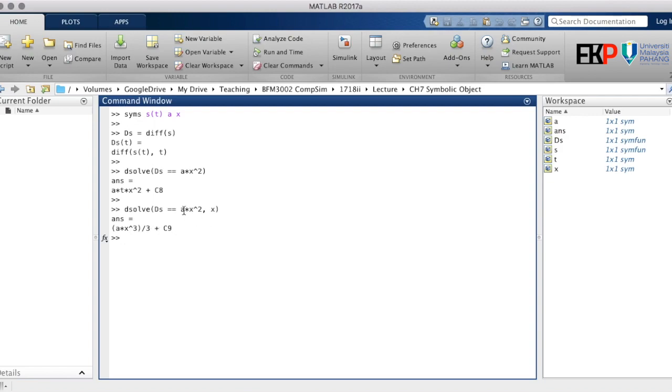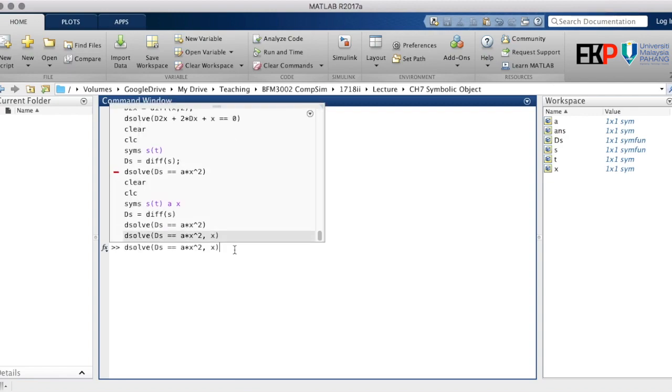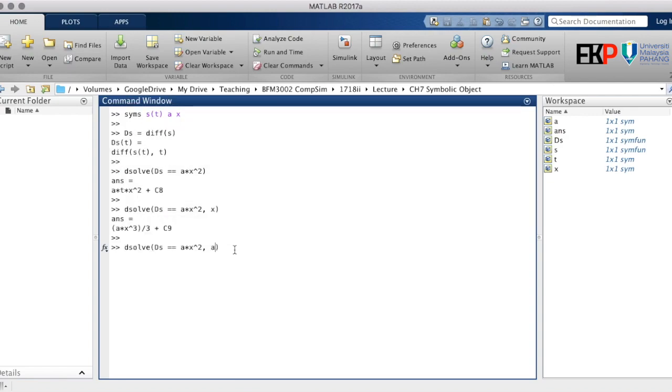We can also solve with respect to a by replacing this variable x with a. We will get another answer that is equal to a squared times x squared divided by 2 plus the constant.